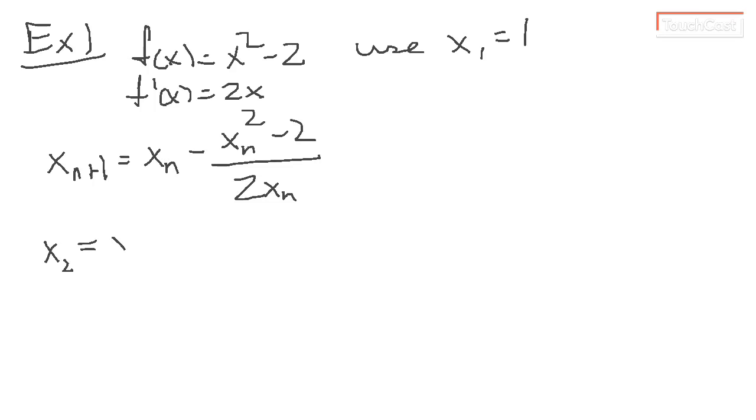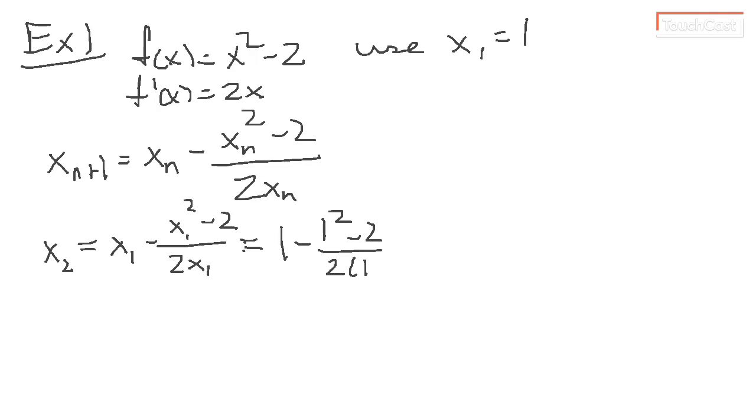So we're going to take x1 minus x1 squared minus 2 over 2x1. And we know x1 is 1. So this is going to be 1 minus 1 squared minus 2 over 2 times 1.